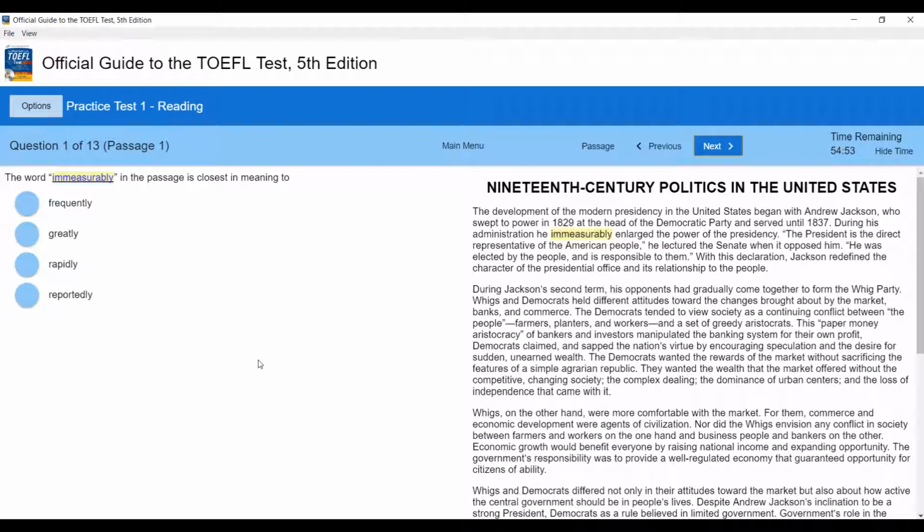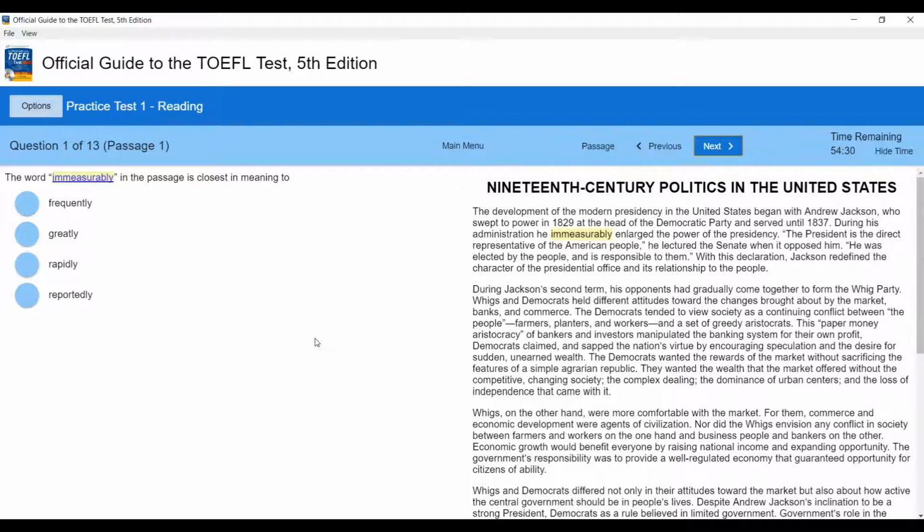Previously students were usually asking a lot about vocabulary learning strategies, and now it's mainly just about one vocabulary question per passage. So the weight of vocabulary questions has diminished now.